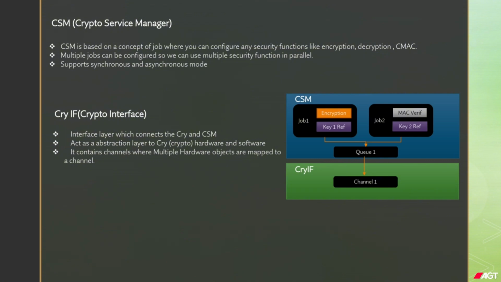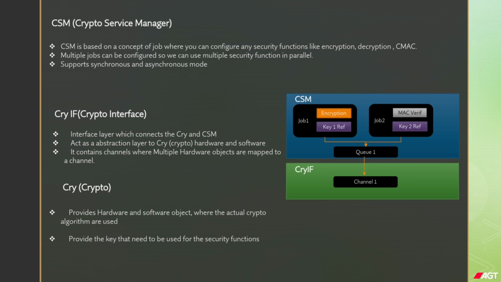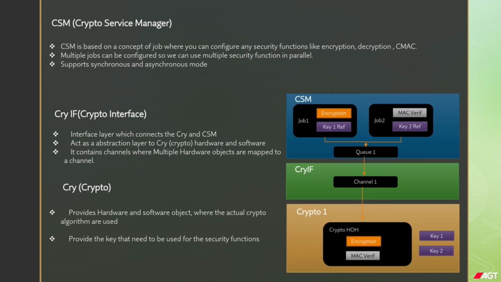So let's see about the crypto driver object, which is nothing but CRY. It provides hardware and software objects where the actual crypto algorithms are used, and it provides the key that can be used for the security functions. As you can see in the image, from the CSM, the job will be processed and sent to the queue, and it comes to the channel of the CRYIF and reaches the crypto hardware object.